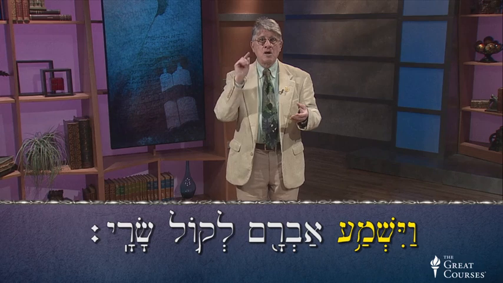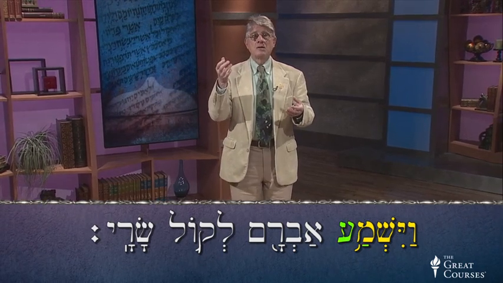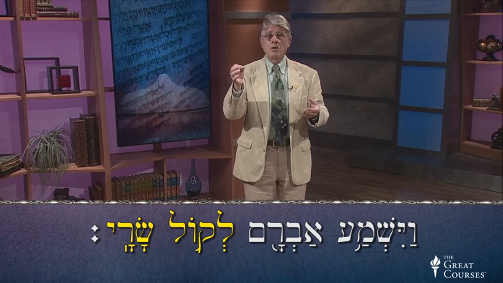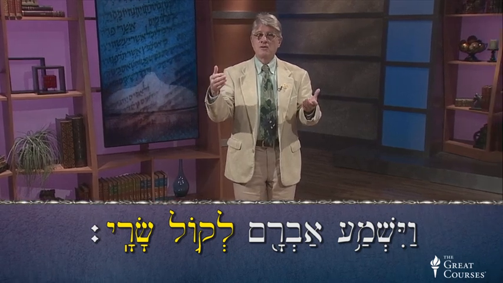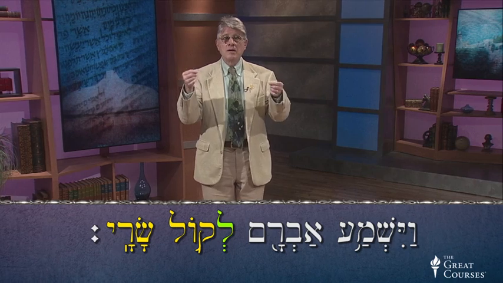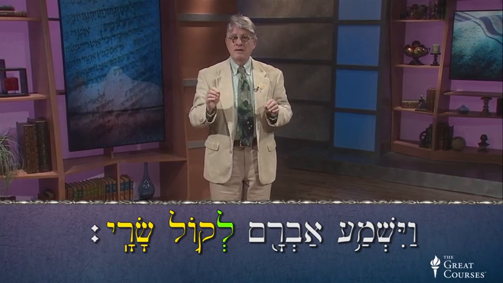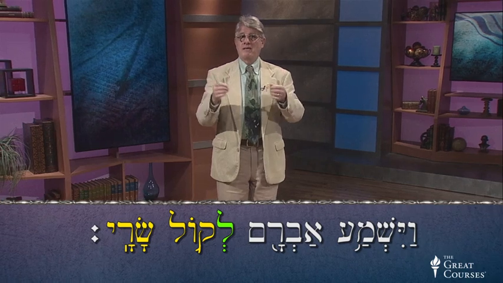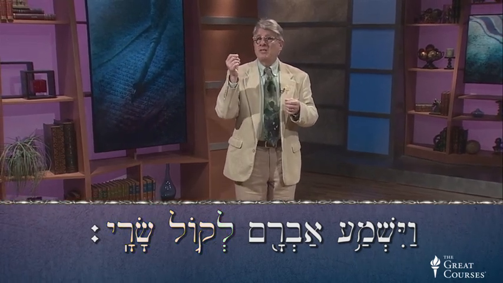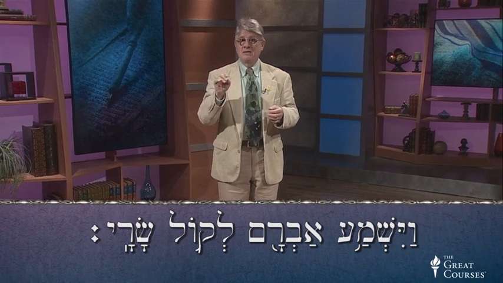Abram listened, patach, because that verb ends with an ayin, le, to, kol Sarai, a construct phrase, the voice of Sarai. But when you listen le or be, the voice of someone, that means to obey them. Abram listened to the voice of Sarai. He heeded her.